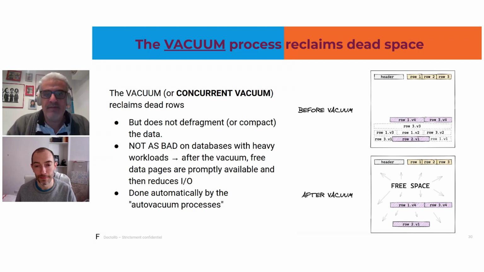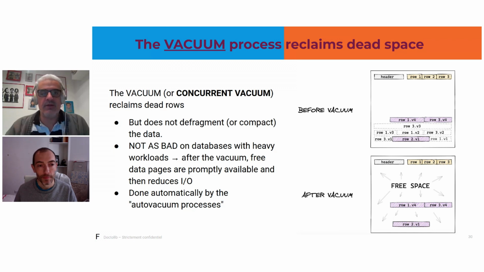That is a command, and sometimes we call that concurrent vacuum because it doesn't lock the table while it's running. It just makes a lot of input, output, a lot of I/O on your disk, but it's not actually blocking. And it will not compact the data. It will not actually reduce the size of the flat file, but it will reclaim all the space that is dead.